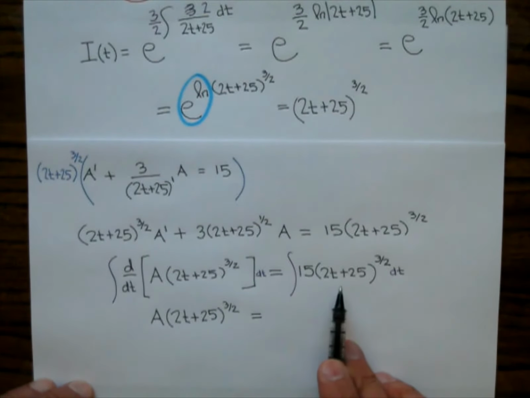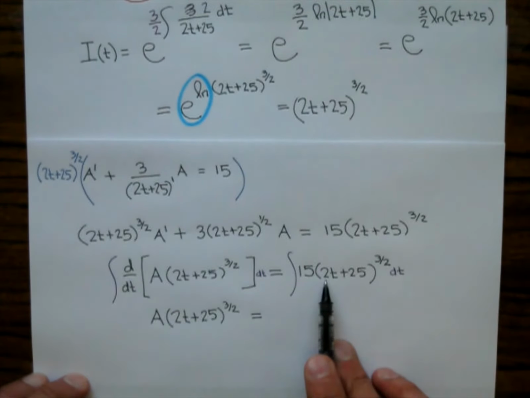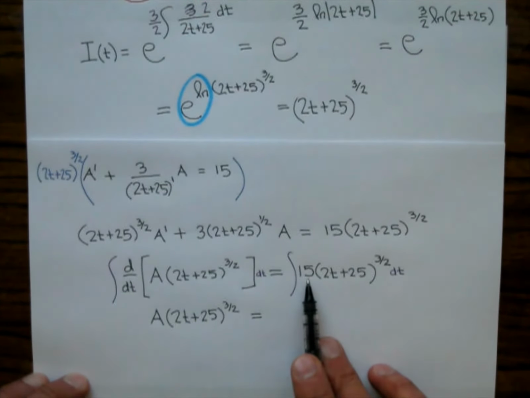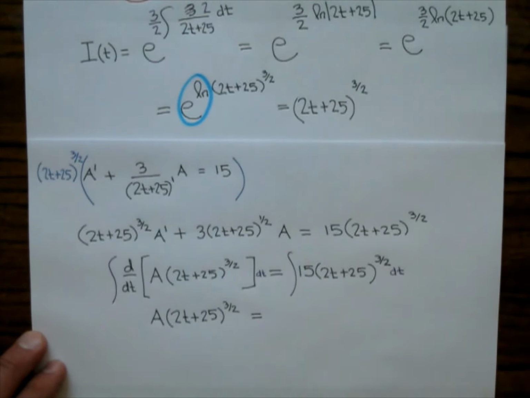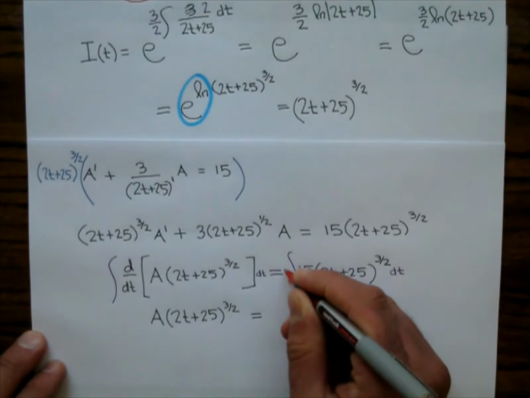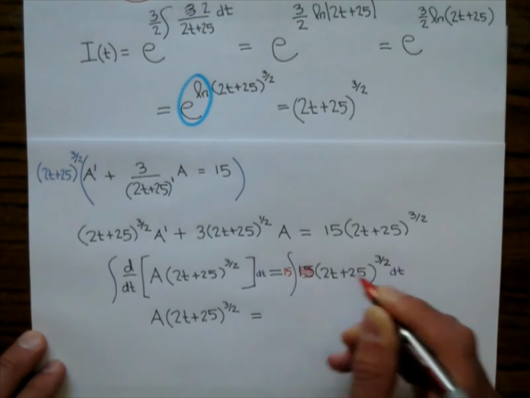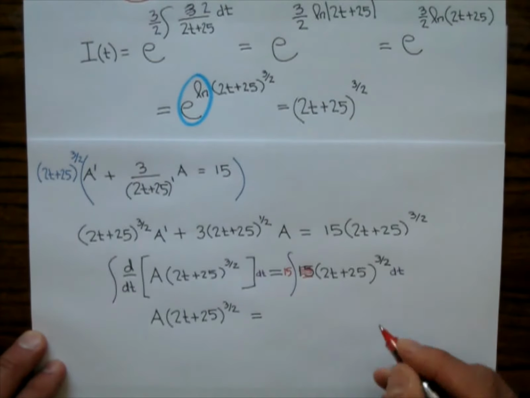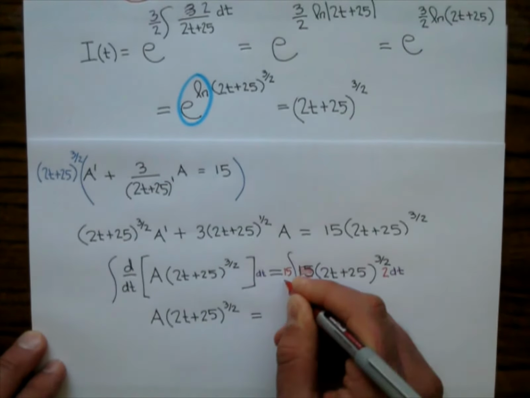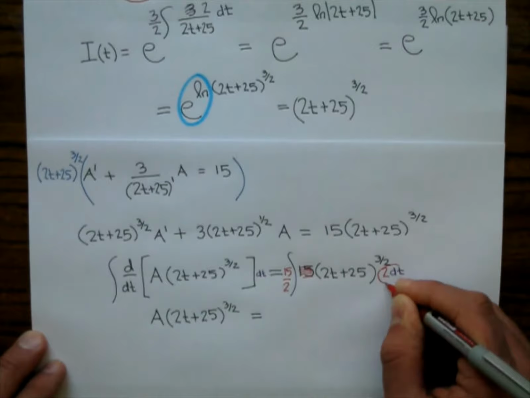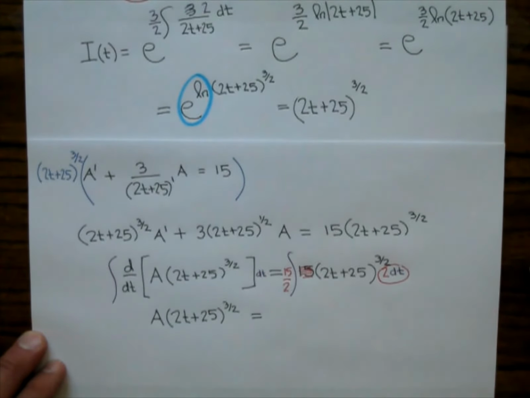Okay. So I want the derivative of this, 2t plus 25, right out front. I don't have it. I have a 15, so I'm going to move the 15 there, and I want a 2. So I'll just put the 2 right here and put a 1/2 there. That thing's going to disappear because I'm doing the reverse chain rule.